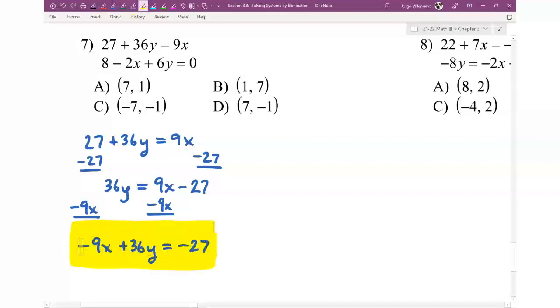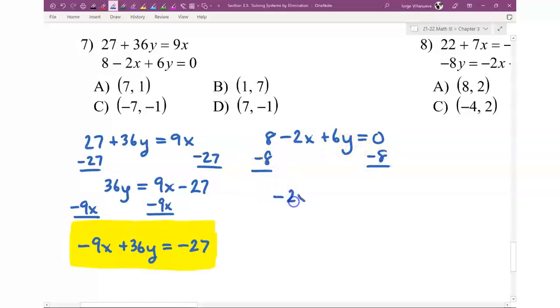Now I need to figure out my bottom equation. And that way I can try to figure out if they match. But I got to write them out properly. So my bottom equation is 8 minus 2x plus 6y equals 0. What's the only thing I got to move over to make sure I have x and y on the left? Just the 8, right? So I'm going to move it over by subtracting 8.